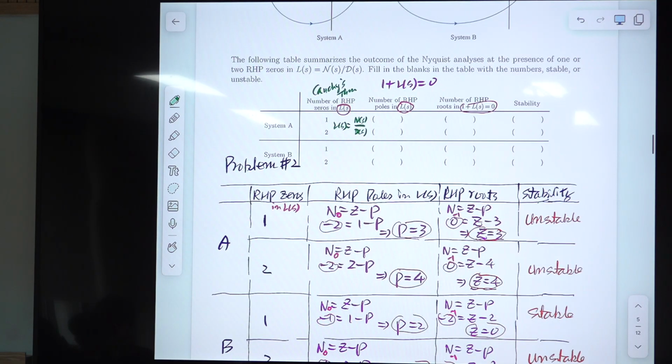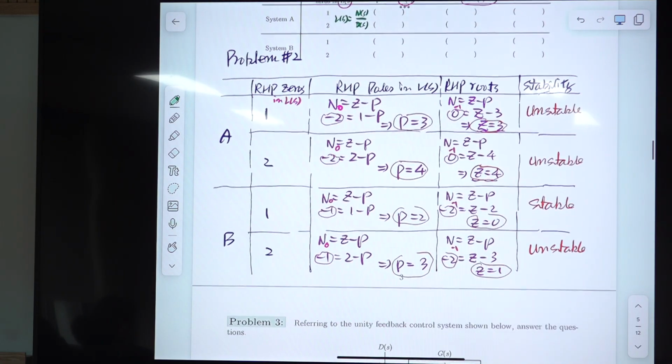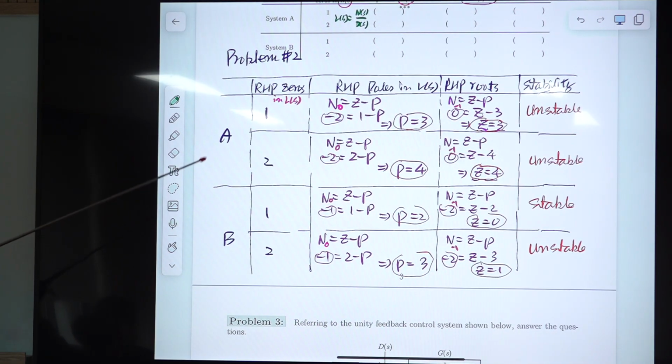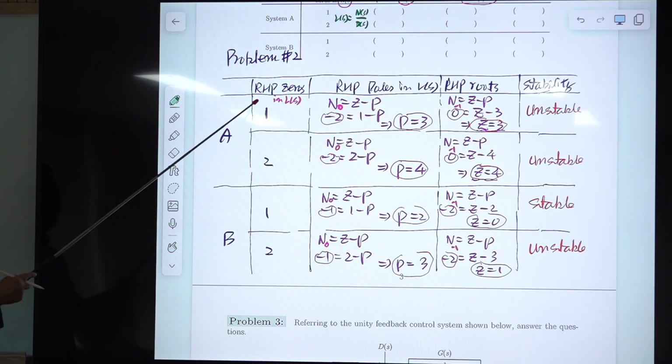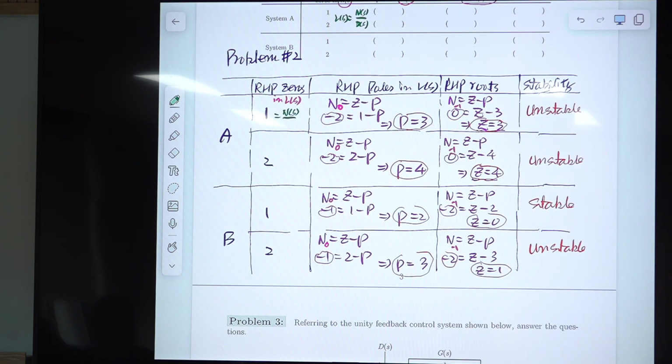And we have 2 systems, system A and system B. For system A, this is the assumption given by the problem: the number of RHP zeros in L(s) is 1. So L(s) is N(s) and D(s), okay?